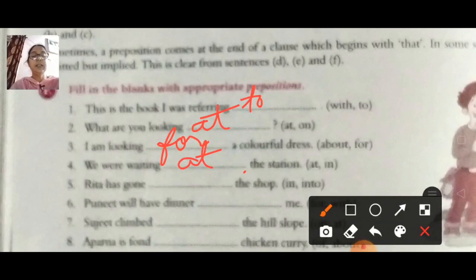Rita has gone into the shop. Now Puneet will have dinner with me.